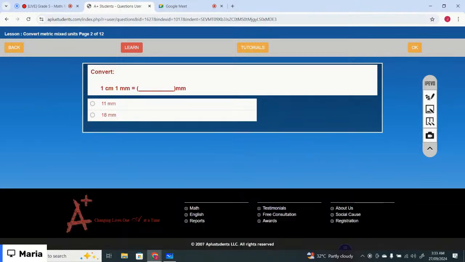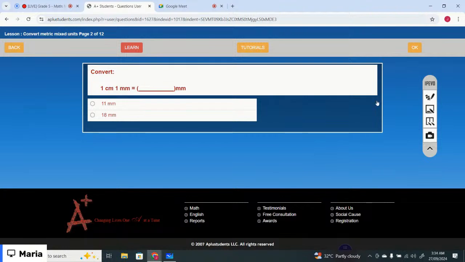1 centimeter 1 millimeter, which is the correct option? The correct option is option number 1, that is 11 millimeters.